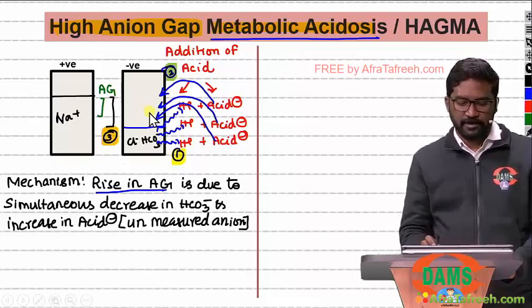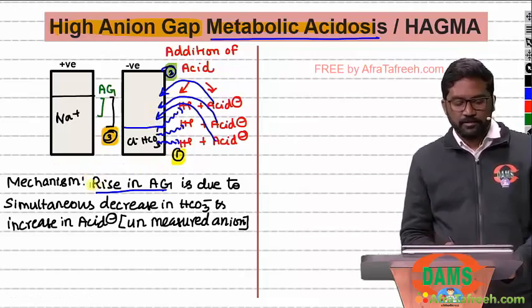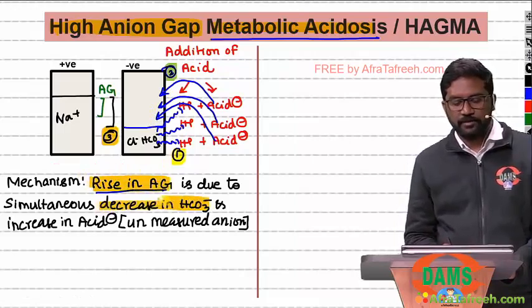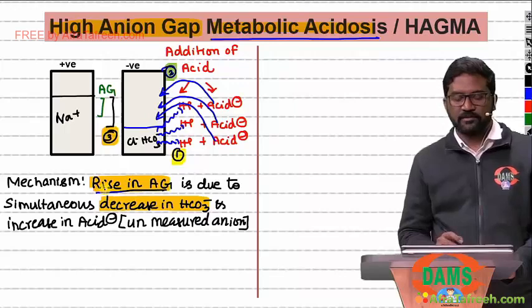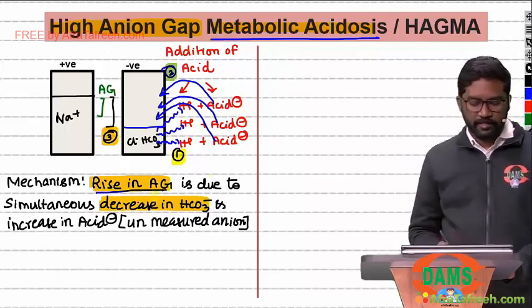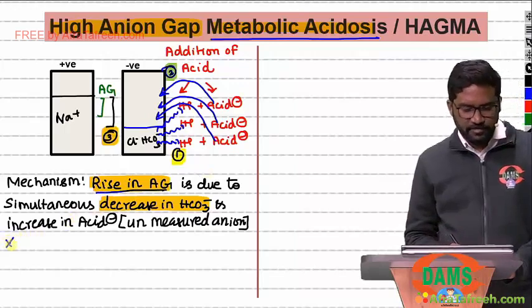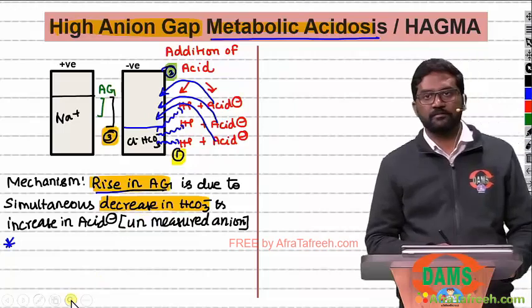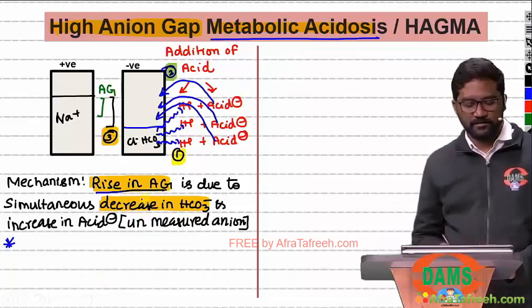But if you see an ABG report, you will only see rise in anion gap and decrease in bicarbonate, because unmeasured anion is not generally measured. That's why there is a relation. Studies have shown that this rise in anion gap and decrease in bicarbonate are related.